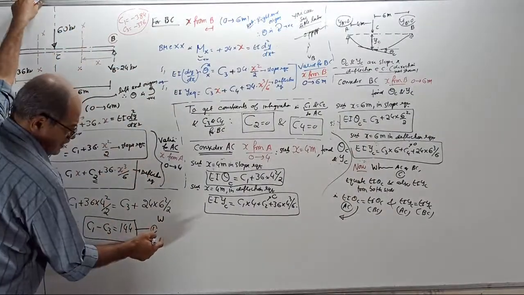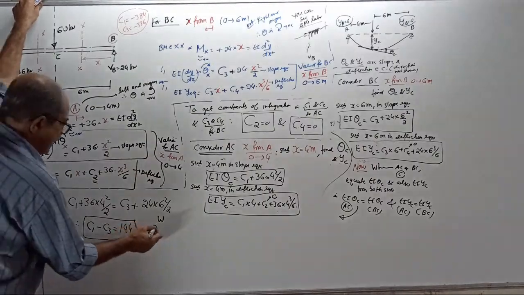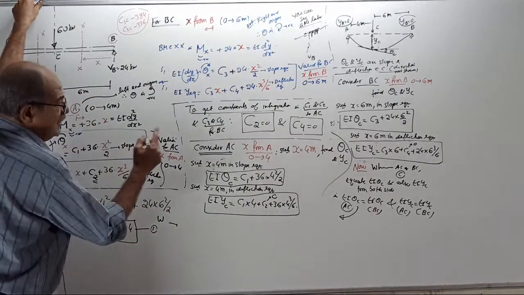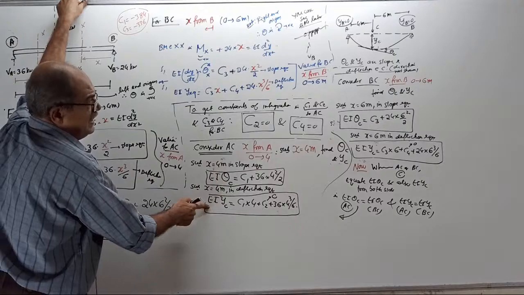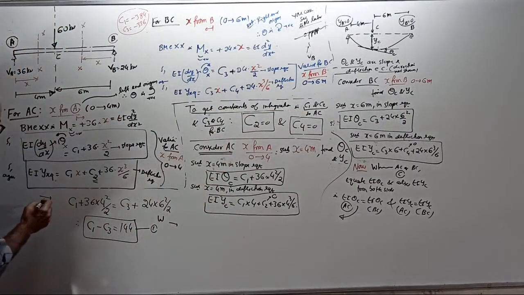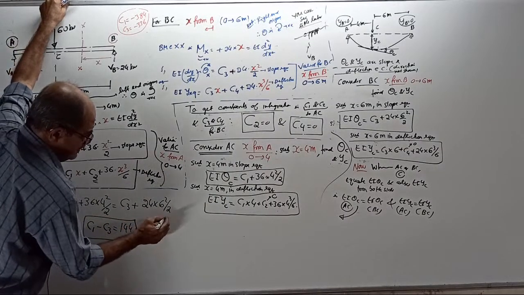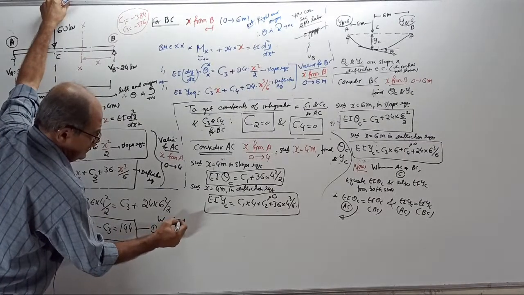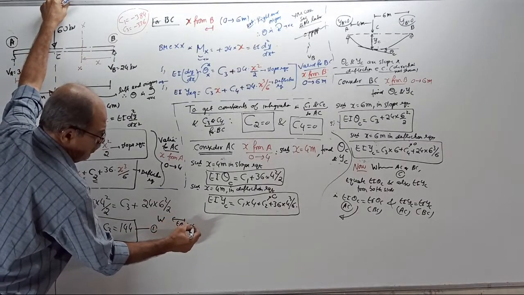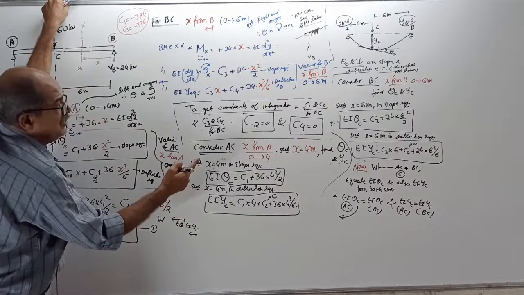Second time, also, what you do? Equate EI theta C on either side, that is what we did. Next, equating EI YC on either side. What do you get here?